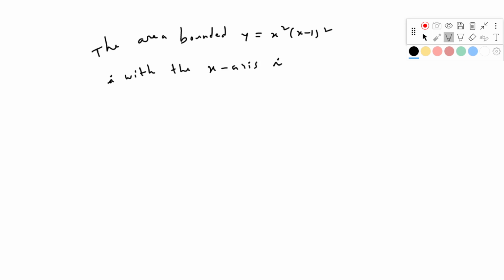The area bounded by the curve y equal to x square into x minus 1 whole square with the x-axis is k square units.